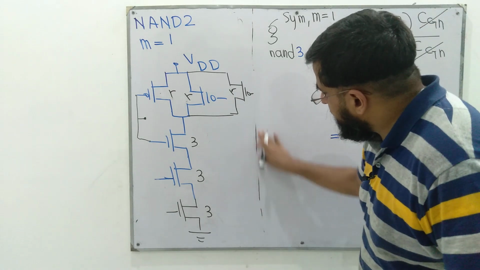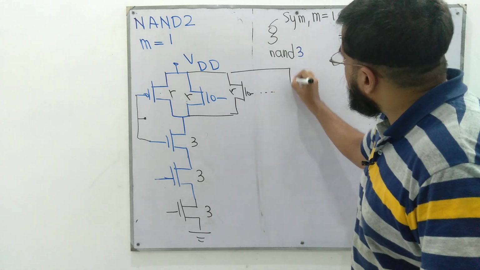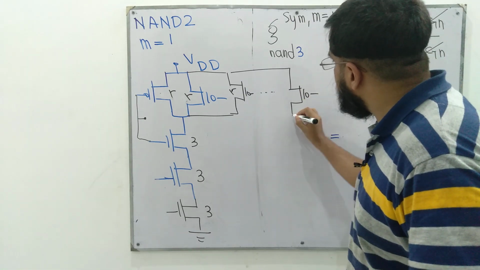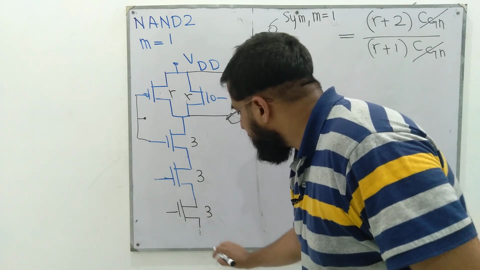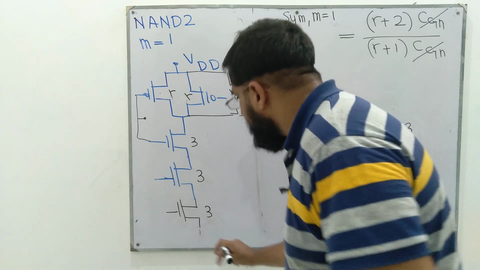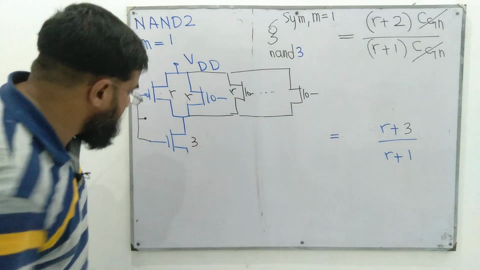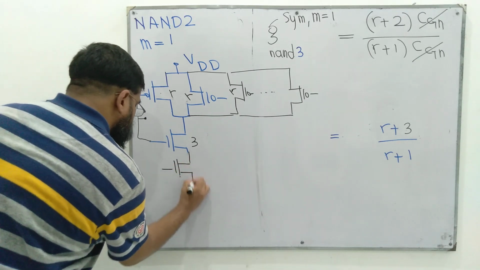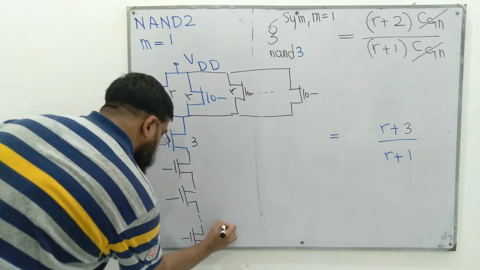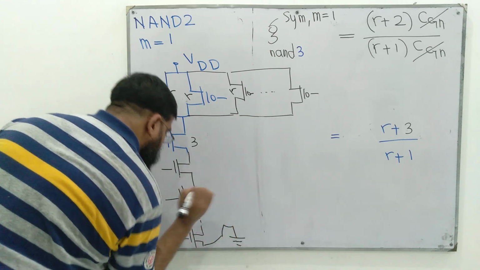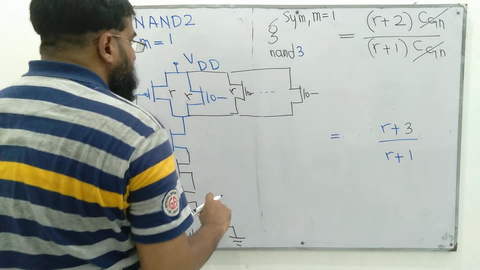And if we have n such inputs, let's draw it again. Right. So what happens to this?